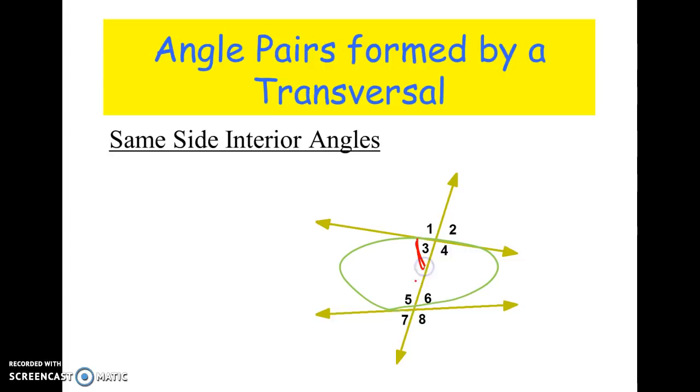So angle 3 and angle 5, these will be same side interior angles. And you'll notice that there is another set of same side interior angles. 4 and 6 are same side interior angles. So again, 3 and 5, 4 and 6.